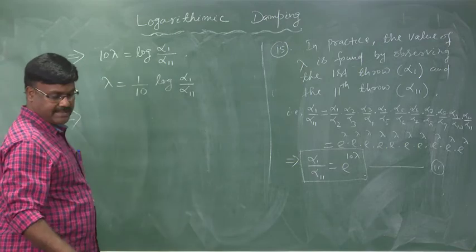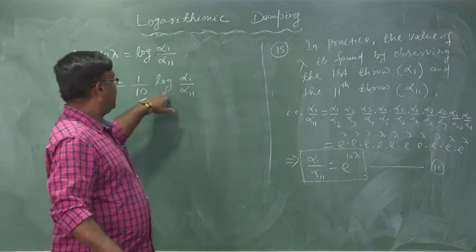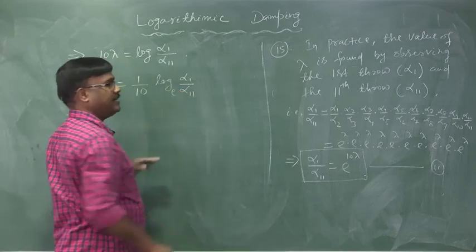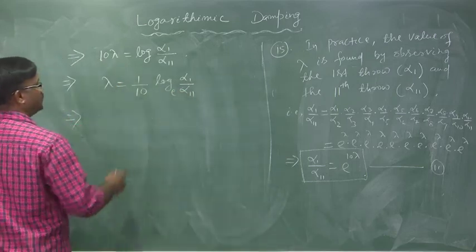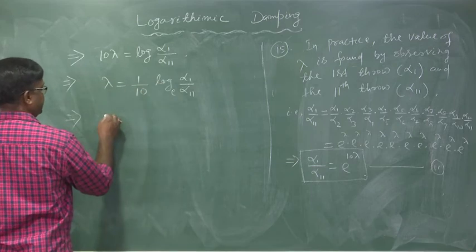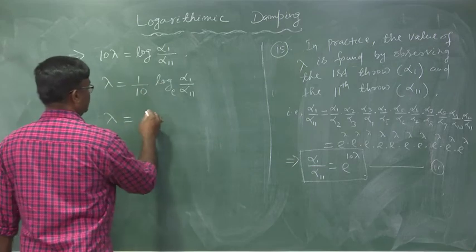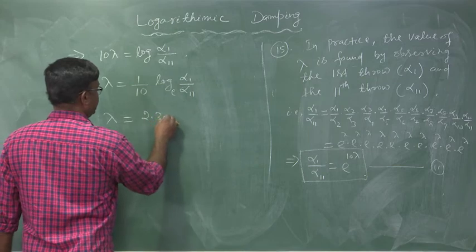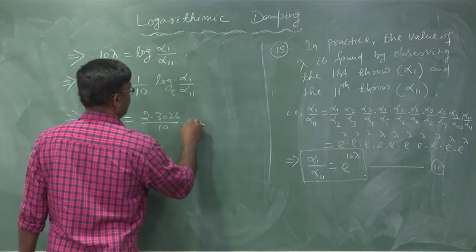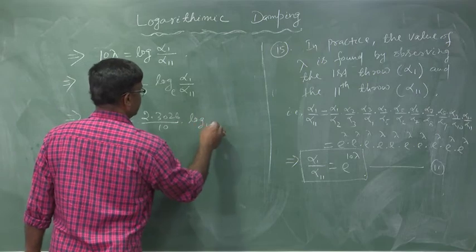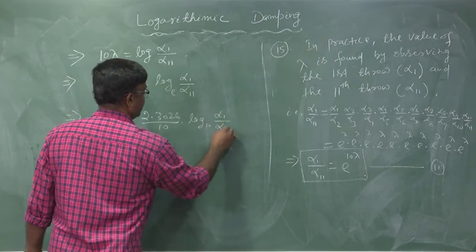This logarithm base e can be converted into log base 10 by multiplying by 2.3026. So lambda equal to 2.3026 divided by 10 into log base 10 alpha 1 by alpha 11.